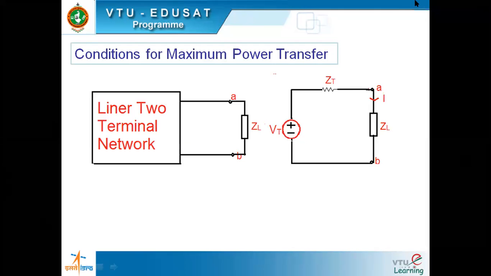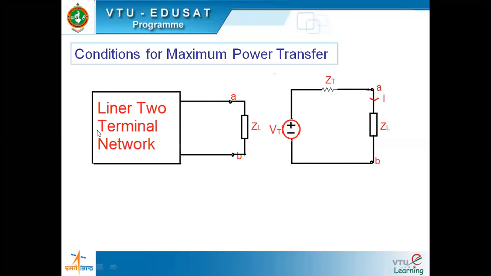Anybody would like to respond to that? No? Where have we seen a linear two-terminal network? Where are the two terminals? See, A, B. What have we done with the terminals? We have connected the load. This is the load we are talking about. Okay, so this is a linear two-terminal network. Where have we seen this linear two-terminal network?